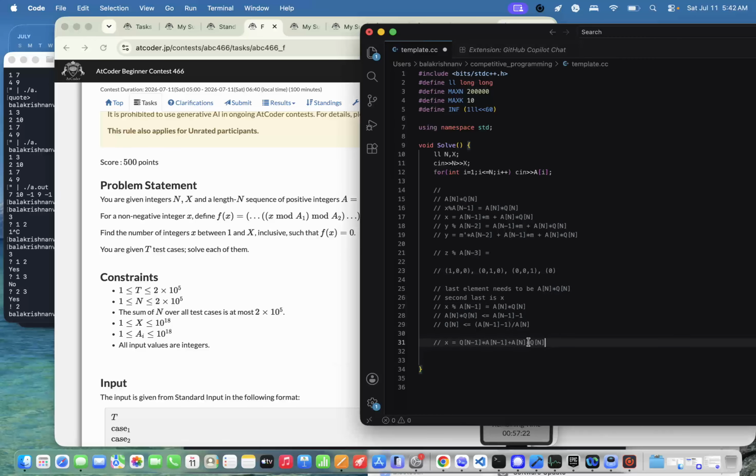Is that right? Yeah, that's right. But q of n is less than or equal to this.